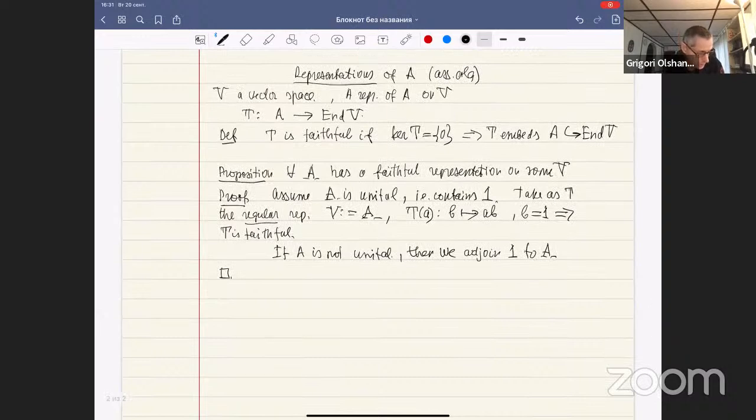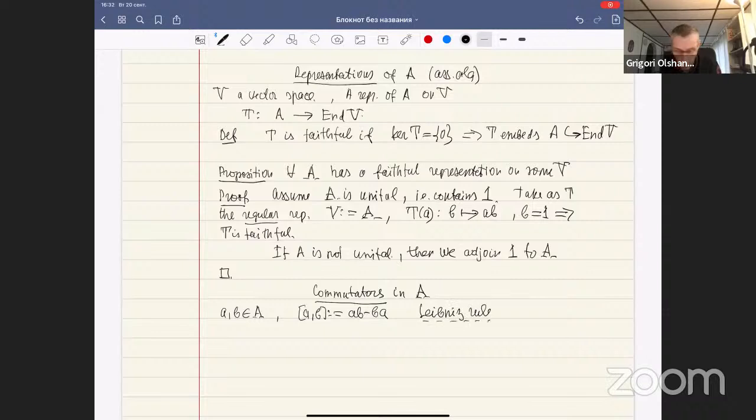So the next topic is the definition of the commutators. By definition, if you have two elements of A, we define the commutator as AB minus BA. This is quite obvious, but an easy claim is the Leibniz rule, which says the following.